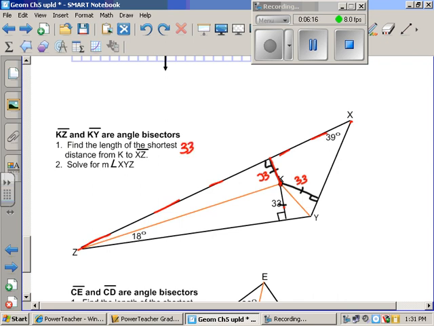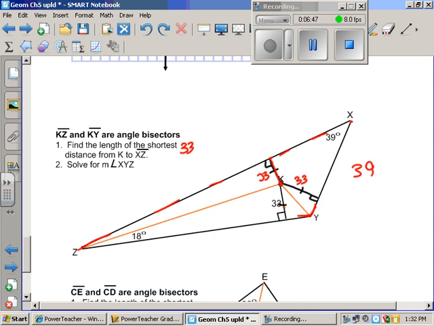The shortest distance from the incenter to a line is perpendicular, and we know that the distances from the incenter perpendicular to all the sides are the same. And if I want to solve for the measure of angle XYZ, that's this angle here, I know this is 39. This is an angle bisector, so if this is 18, this is also 18.